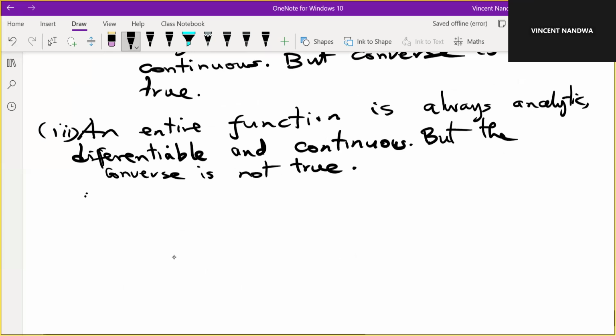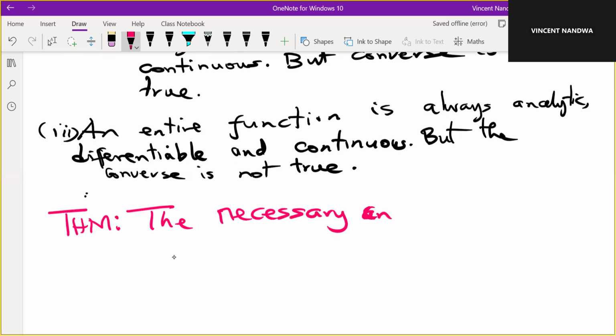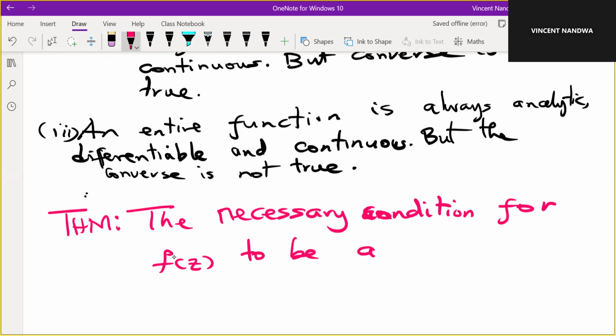So let's state and prove the necessary condition for a function f of z to be analytic.